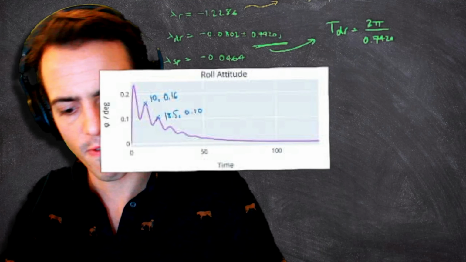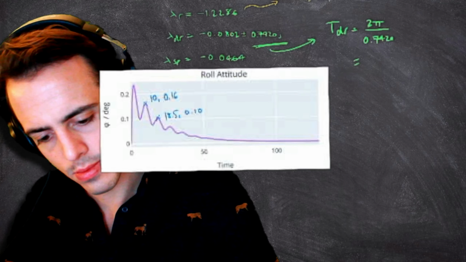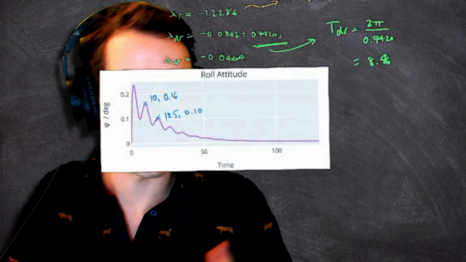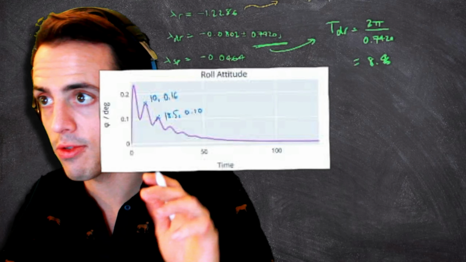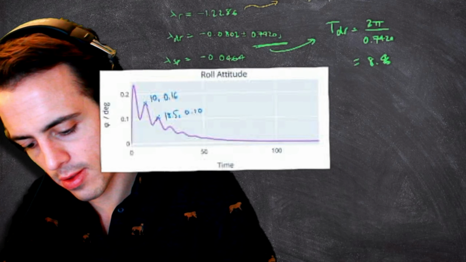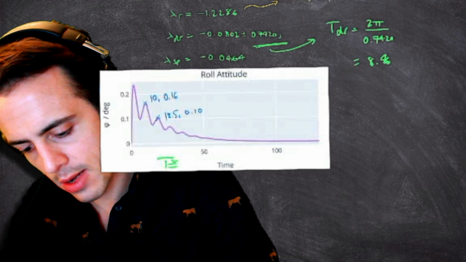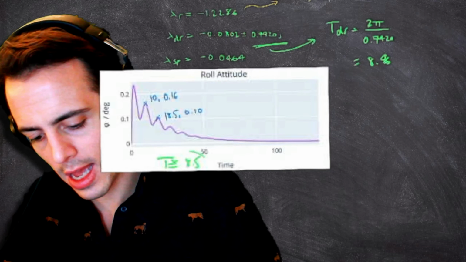Yeah, we get 8.46, which to one decimal place is the difference between these two peaks. So we've got T is approximately equal to 8.5. So that ties up nicely.